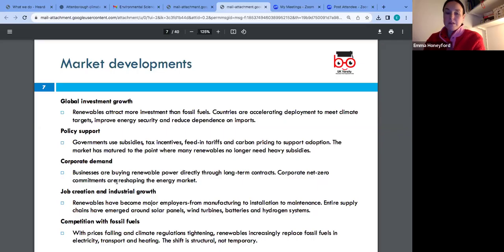Corporate demand. Businesses are buying renewable energy directly through long-term contracts. A lot of companies now have policies to be net zero, a lot of road maps.